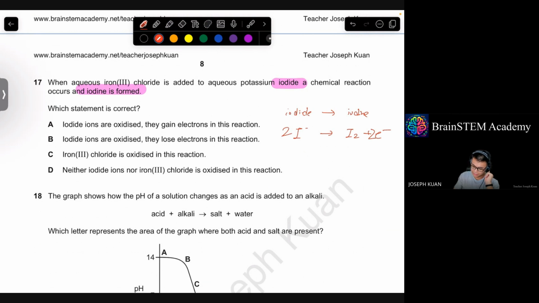In this process, iodide ions are oxidized because they're losing electrons. The answer is B. Otherwise you can just look at the oxidation number. Iodide is -1 and iodine is 0. There's an increase in oxidation number, which means it's an oxidation reaction.